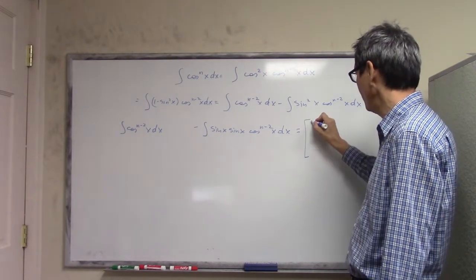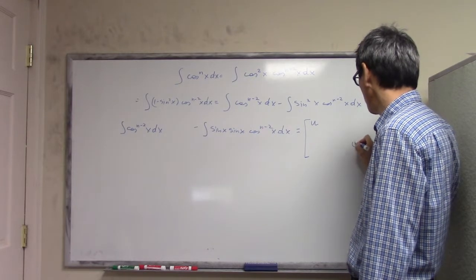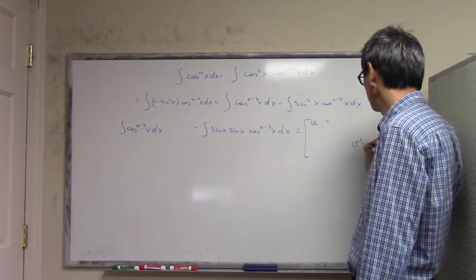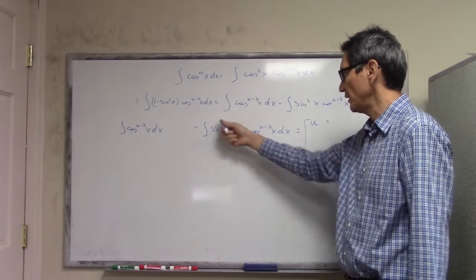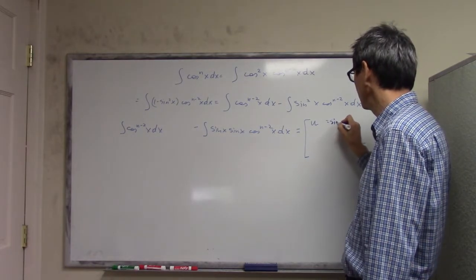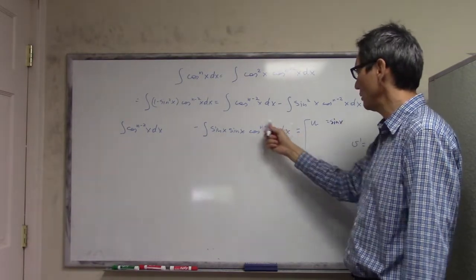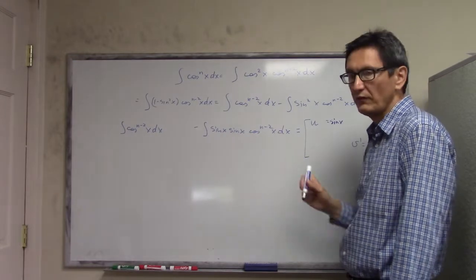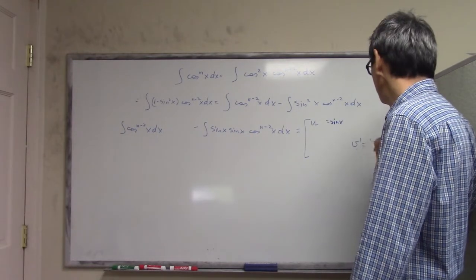If you recall, for integration by parts we need to define what u is and what v prime is. u is going to be sine x. v prime is going to be the remaining piece, sine x together with cosine raised to the n minus 2 power.